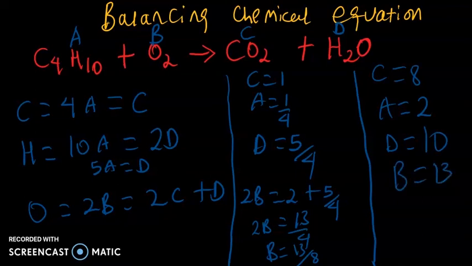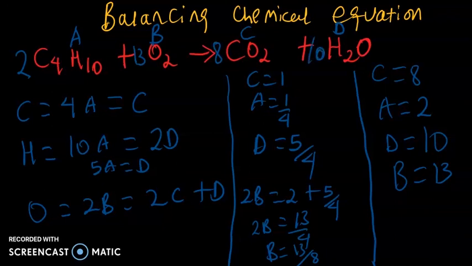So you just simply need to write it in front of, or before the formulas. So for A I have 2, for B I have 13, and for C I have 8, and for D I have 10.